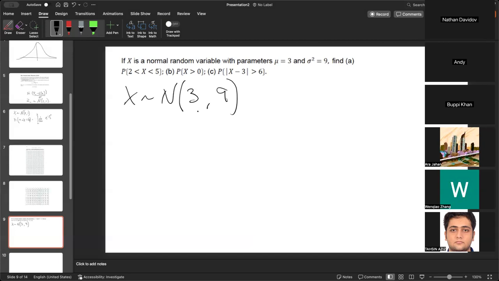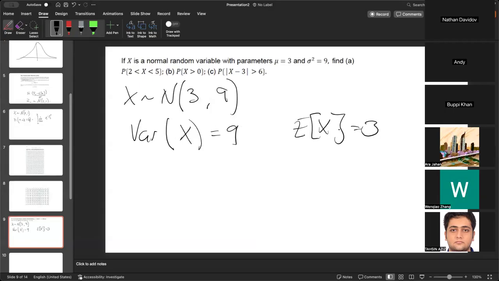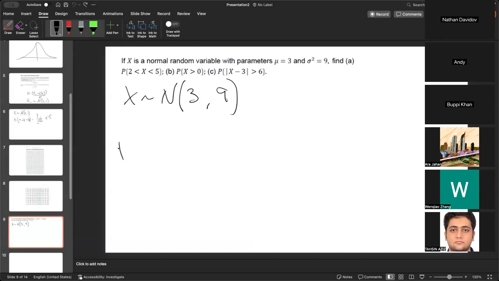They're parameterized by these two variables, mu and sigma squared. The variance of X in this case would be 9, and the expected value of X would be 3. So you parameterize by these values. Okay, so let's solve this. How do I find the probability that X is between 2 and 5?